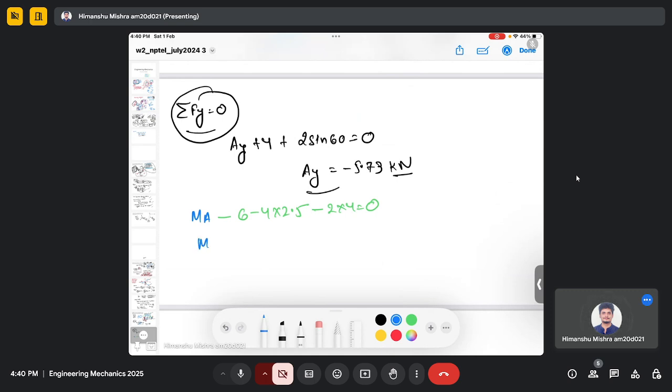So your MA will be minus 6 minus 10 minus 8 equals 0, and you can see it comes out to be 24 kilonewton meter.